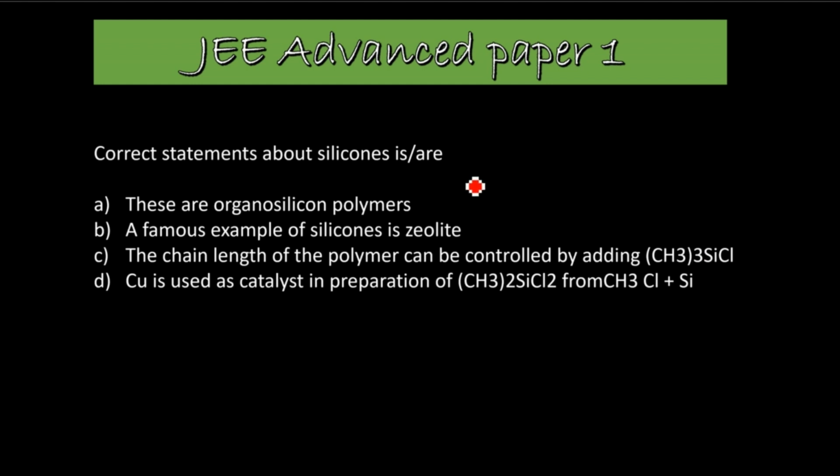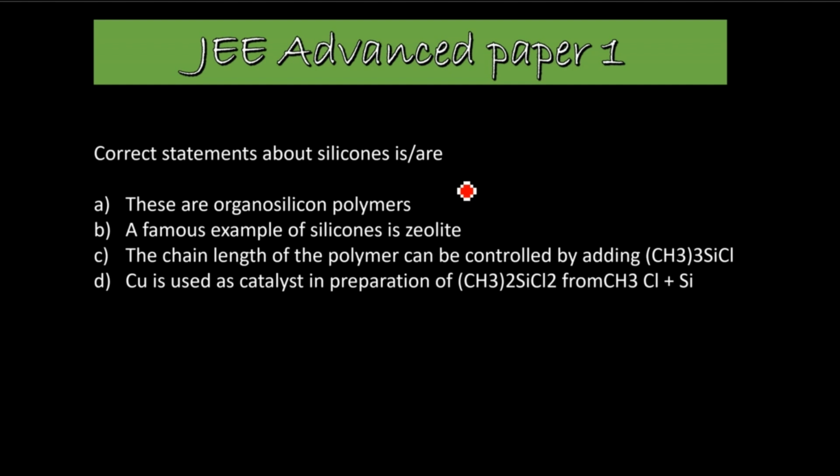The correct statements about silicones are: these are organosilicon polymers. The famous example of silicones is zeolite. The chain length of the polymer can be controlled by adding (CH3)3SiCl.